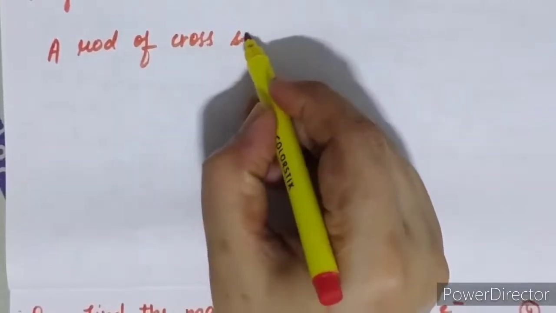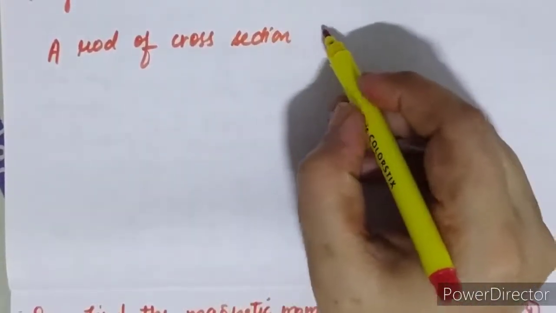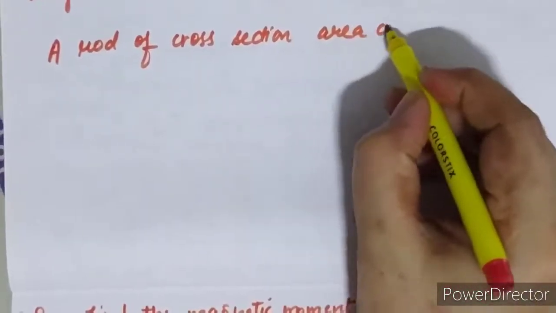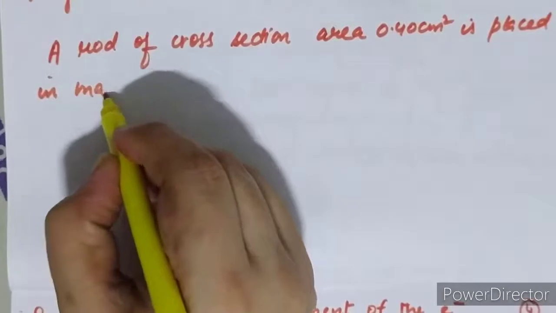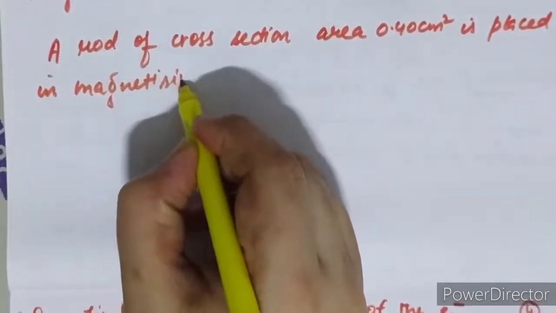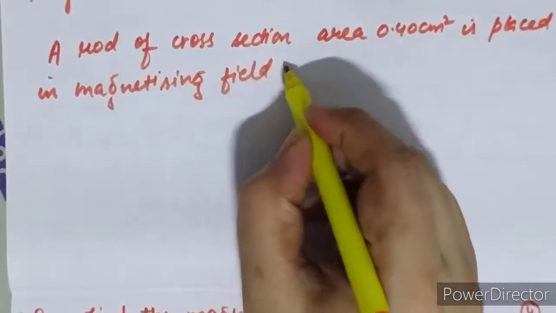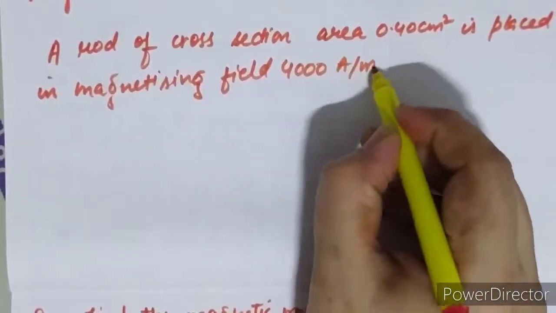Okay, you have to do the numerical. So the question is, a rod of cross section area 0.40 centimeter square is placed in a magnetizing field of 4000 ampere per meter.